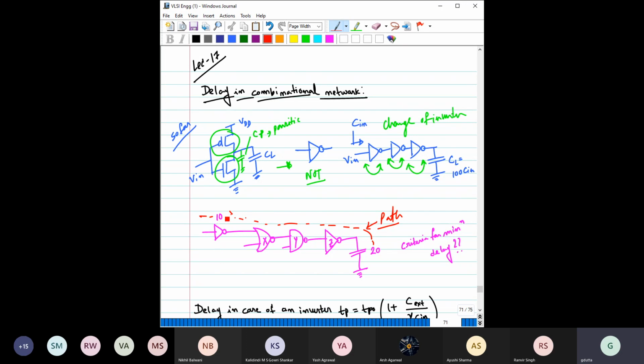It has to drive a capacitor of 20 C. How will we size it? We know how to size it if the chain consists only of inverters, but if there are other gates, how do we do that? That is what we are going to discuss today, and it is very important from the exam point of view as well as from the practical design perspective.